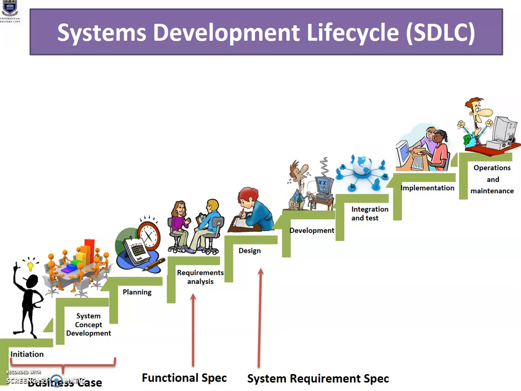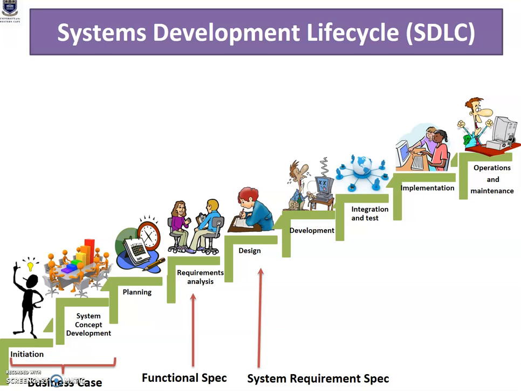If we look at the initiation phase and the system concept phase, these phases together produce the business case. So let's look at what we do in the first phase, initiation. It begins with a business need when an opportunity is identified.